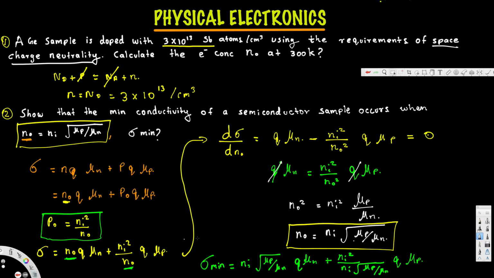Now let's cancel everything we can cancel. This ni and this square can be cancelled, and that's it for this one.